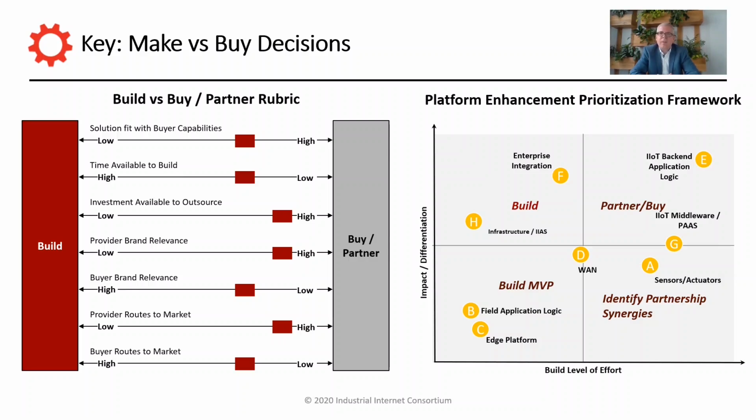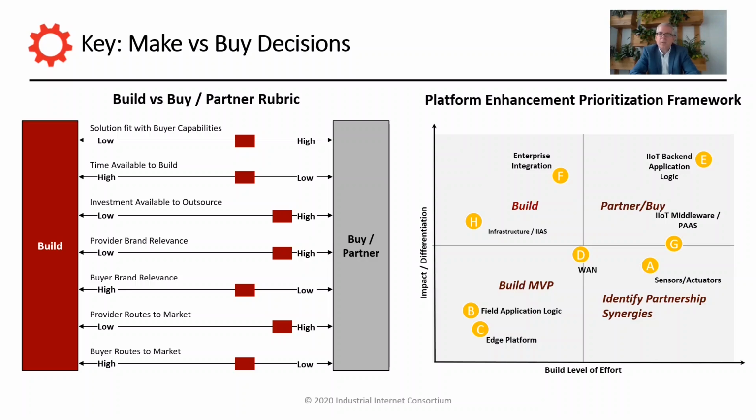And with every good quadrant, you want to look at typically what's in the upper right corner, where you have a high build level of effort, but also a high level of differentiation. This is most likely something where you want to partner or buy, or if the impact or differentiation is not as high, you can look at identifying partner synergies and so on.